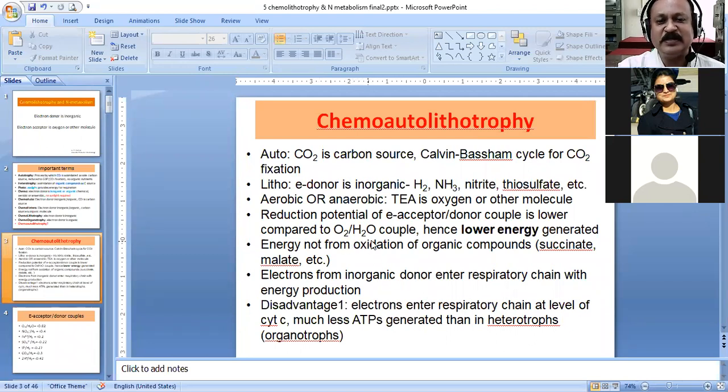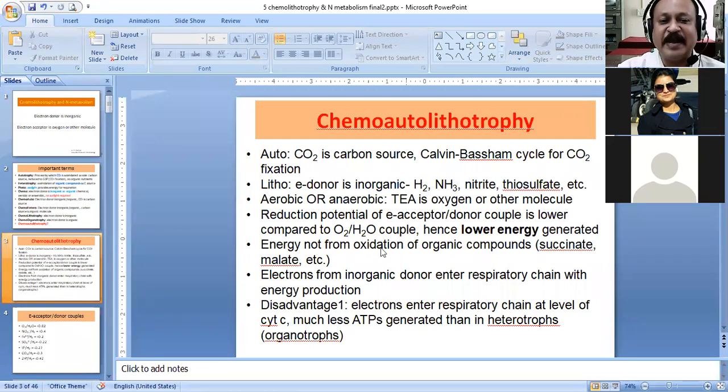The problem here is this, that if we have an electron donor which is not water as such, and the electron acceptor could be oxygen or anything, but the electron donor here is not water, then what happens is, if it is anything else other than water, like we have seen in photosynthesis where the electron donor was water, then the problem is that the electrode potential, that is the potential difference between the donor and the acceptor pair, is lower.